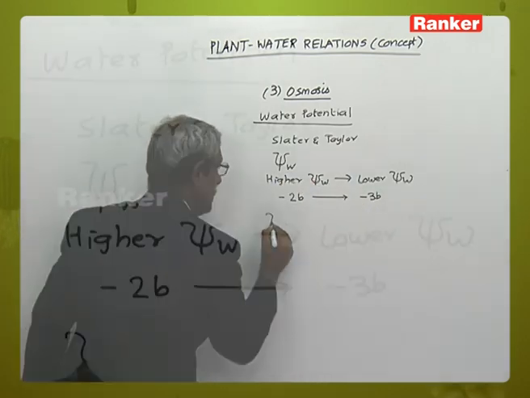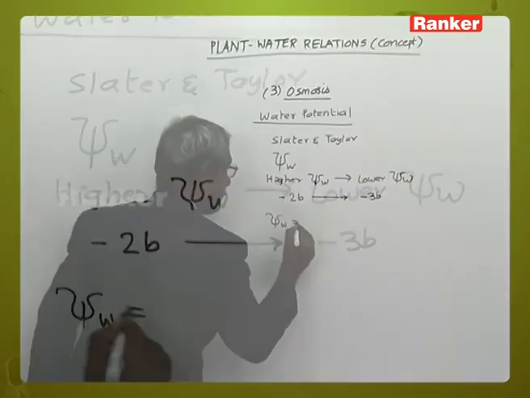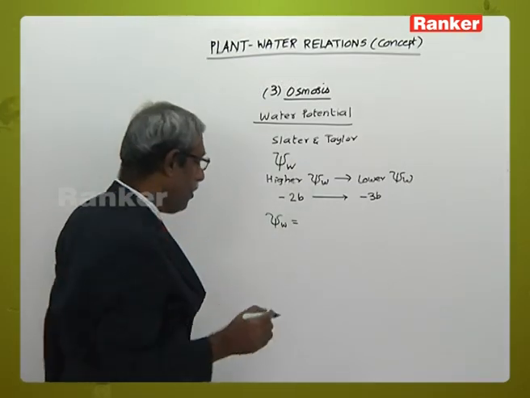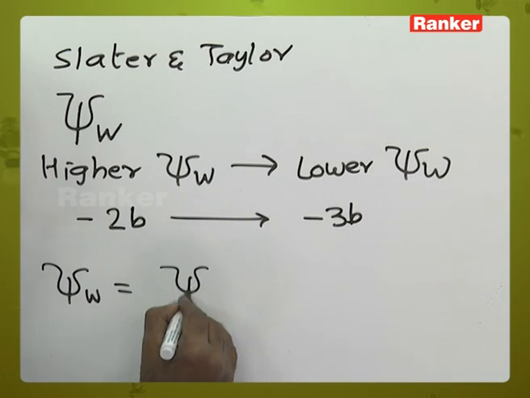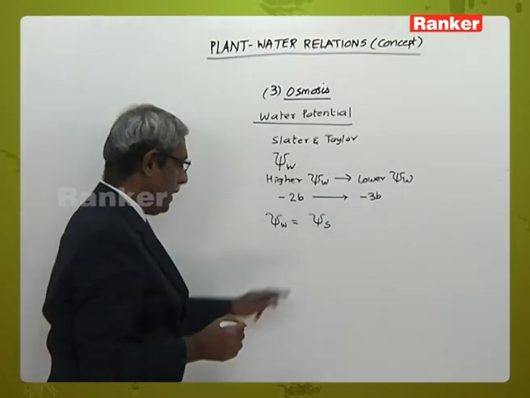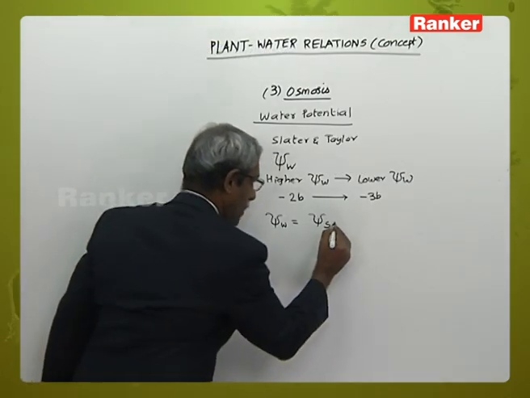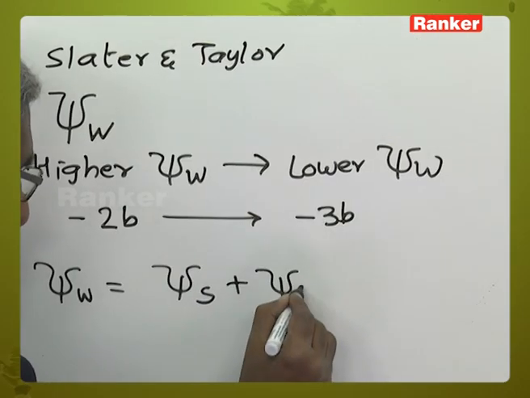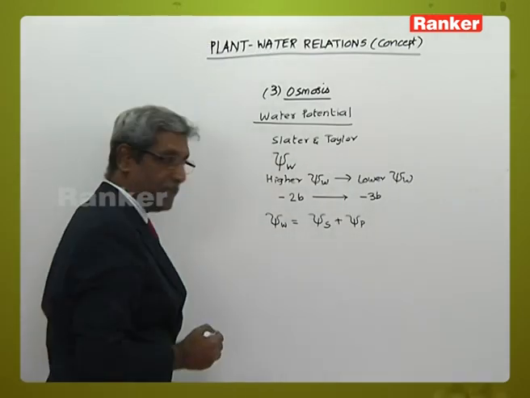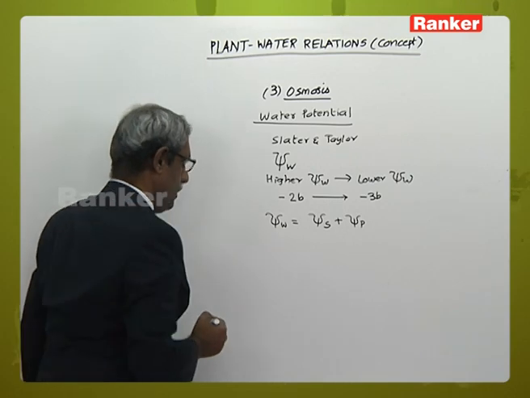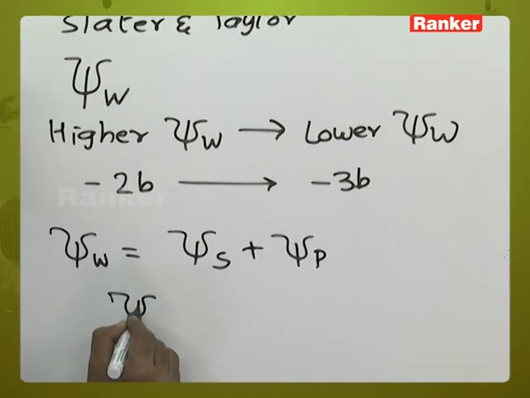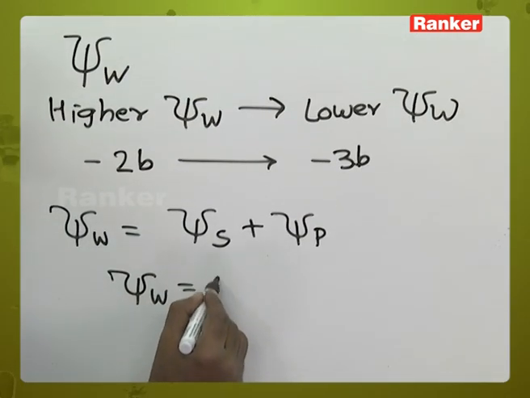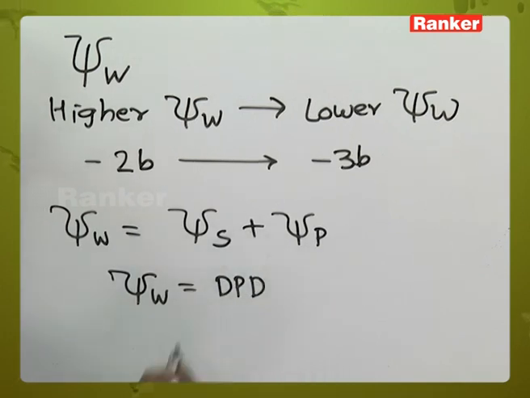Again, water potential is given as the addition of solute potential plus the pressure potential which is present in any particular cell, and the value of water potential is always equivalent to diffusion pressure deficit.